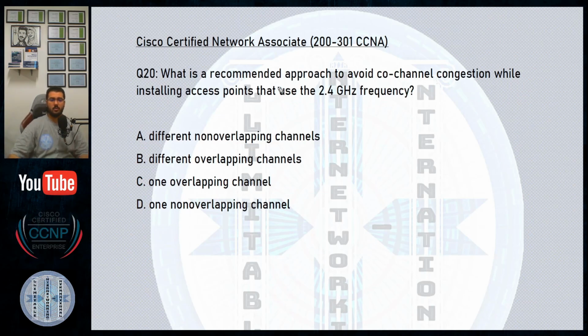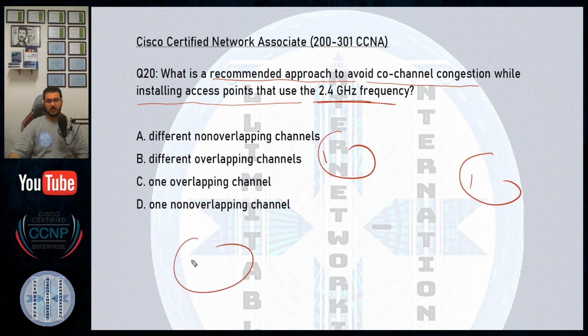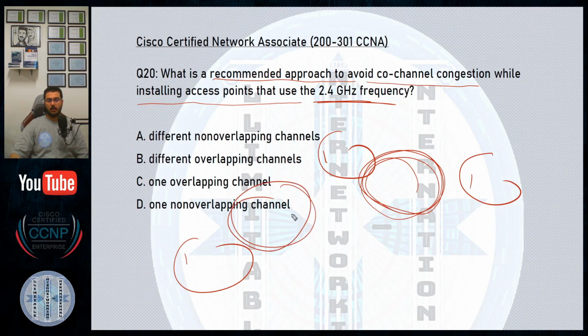20 and the last question today. What is the recommended approach to avoid co-channel congestion while installing access points that use the same frequency of 2.4 gigahertz? Perhaps you are using channel number 1 in all the places. So when you're installing and establishing a channel between them, what should that be?